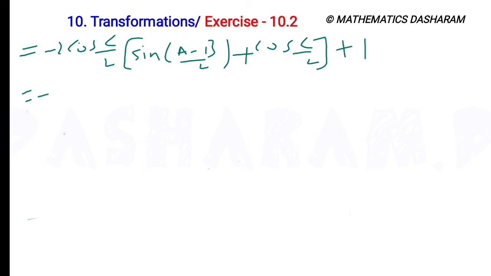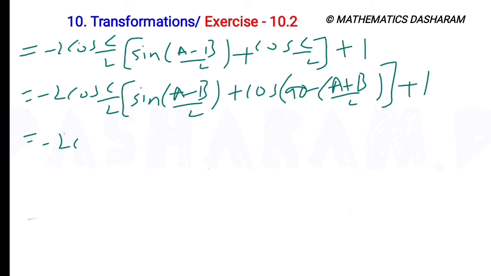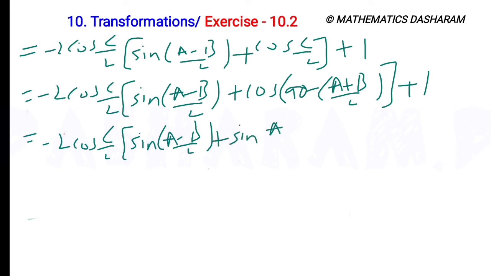Then it is equal to minus 2 cos C/2 into sin (A minus B)/2 plus cos C/2 can be written as cos 90 minus (A plus B)/2, plus 1. Minus 2 cos C/2 into sin (A minus B)/2, cos 90 minus theta is sin theta, so then sin (A plus B)/2 plus 1.